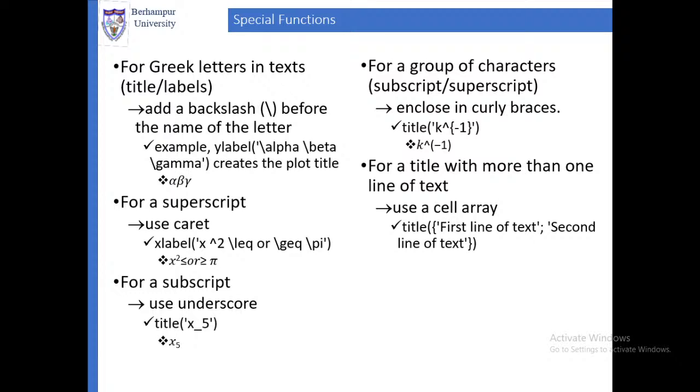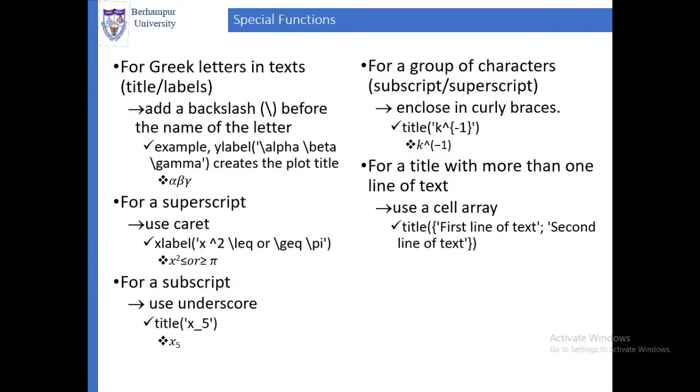Pi is for the Greek letter pi. The example shows here: x square less than or equal to 0, less than or equal to or greater than or equal to pi. So this is the label on the x-axis.